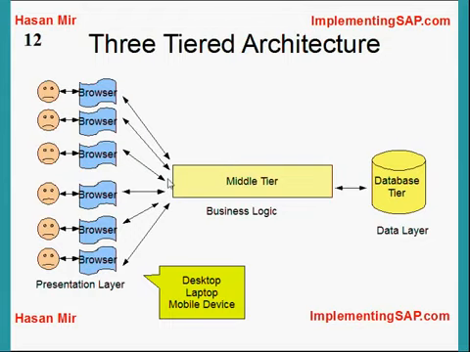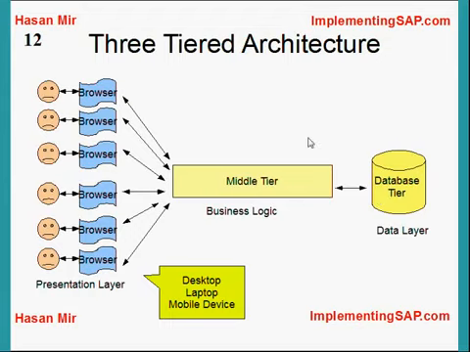All three people are basically seeing the image produced by the middle tier, and data is stored in the database tier. Oracle is the most popular choice of database when it comes to SAP. The relational database management system sitting in the database tier manages your database, and the middle tier, which is your application, talks to the database to retrieve data and to store new data.